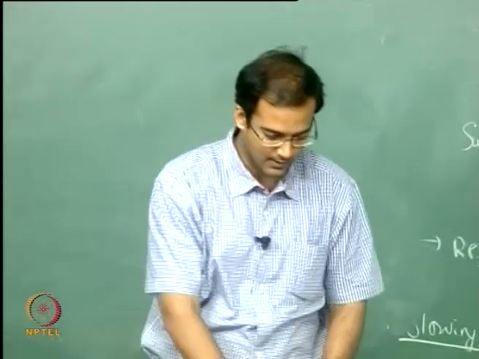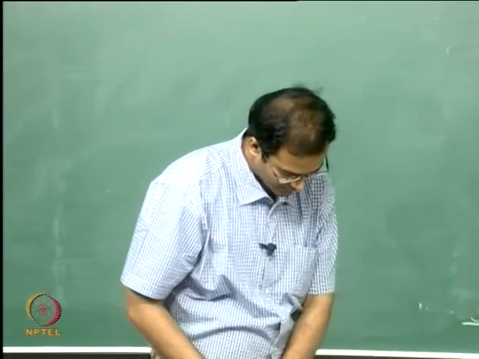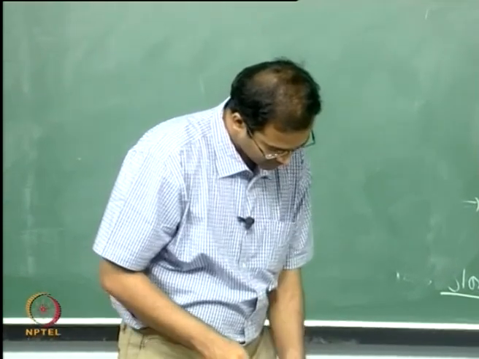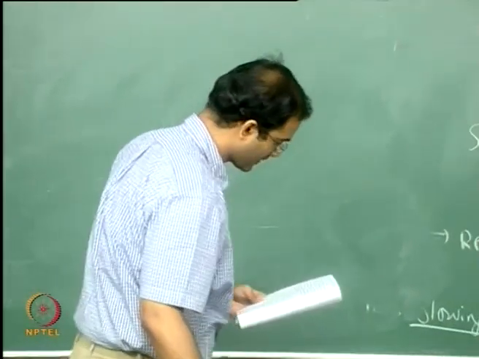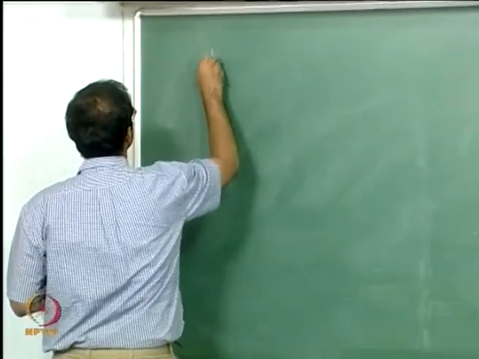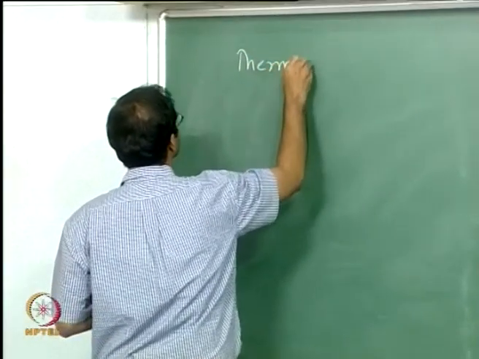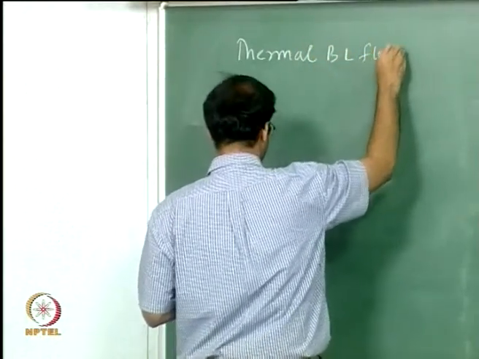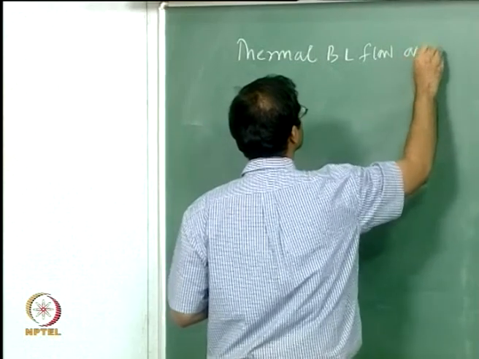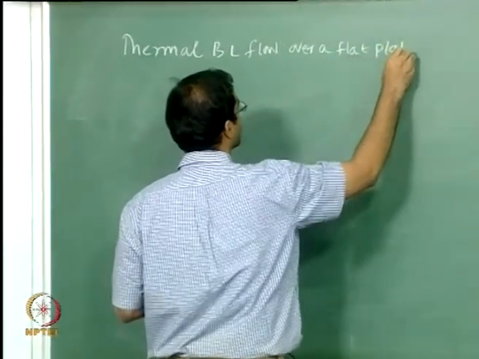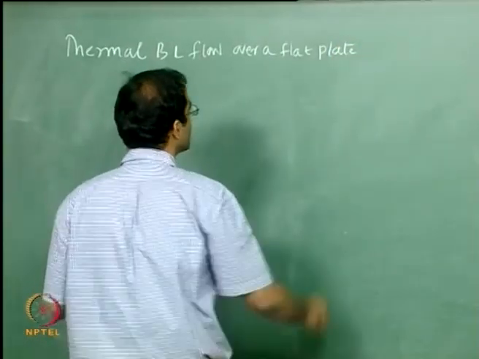So let us look at some of the assumptions for thermal boundary layer flow over a flat plate. Although I am doing this for a flat plate, the same thing applies even to wedge flows.